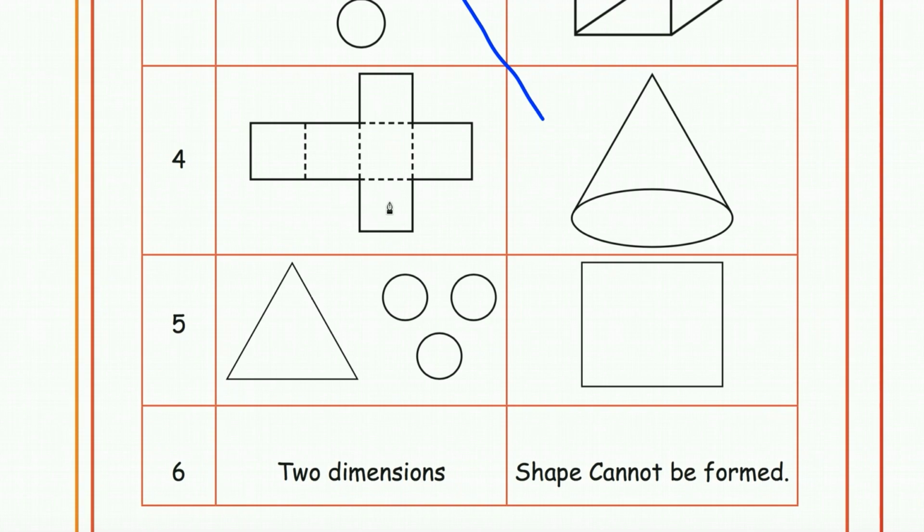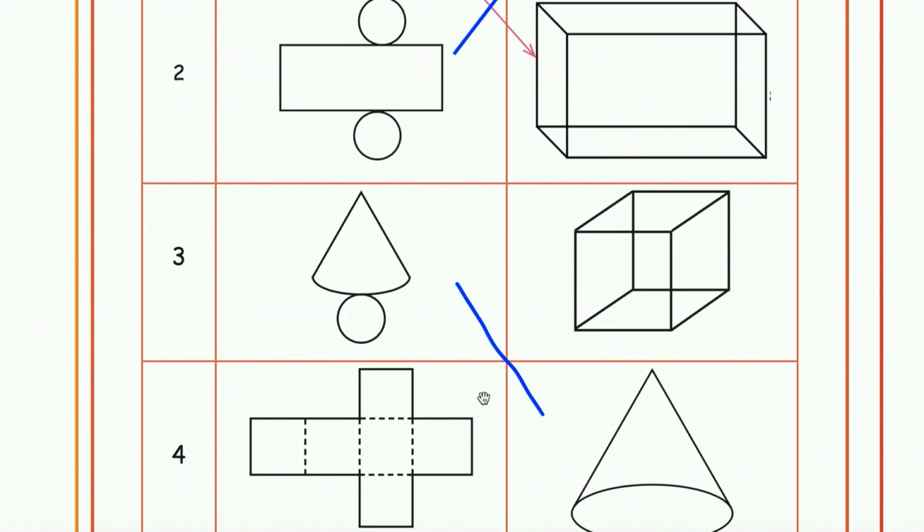Okay, it came. Folding this way or that way? On top only. How many sides are there? One, two, three, five. Five sides only.